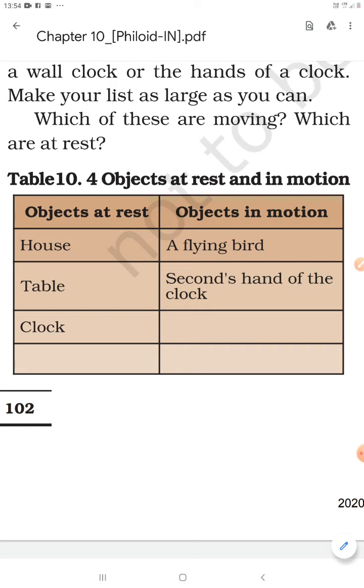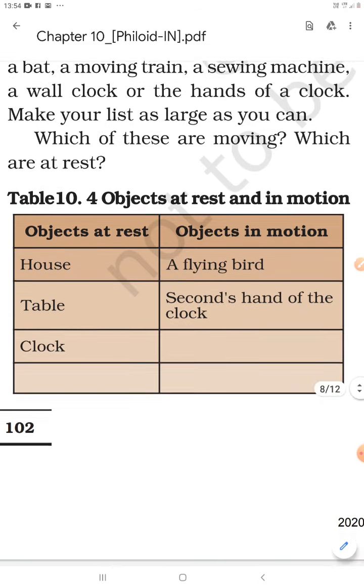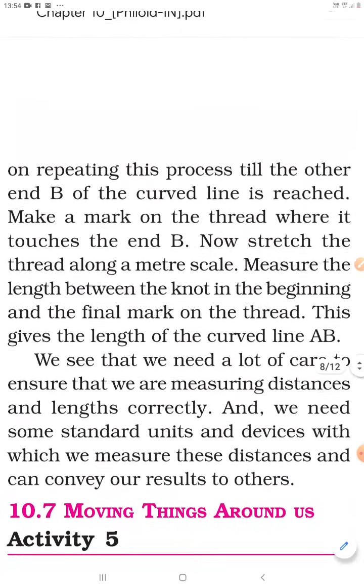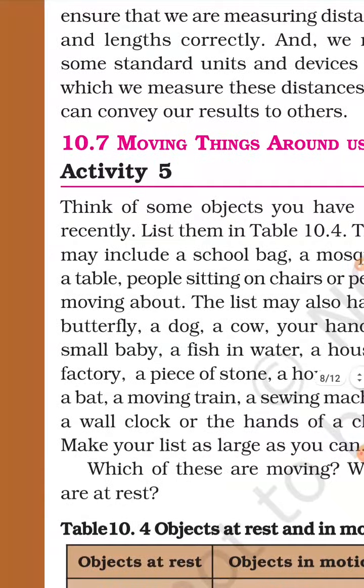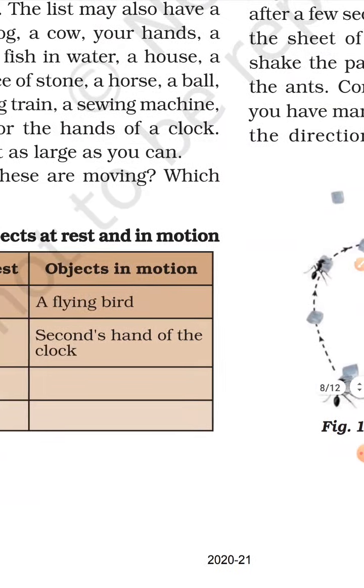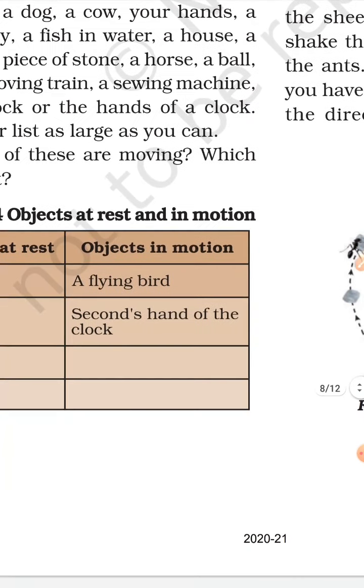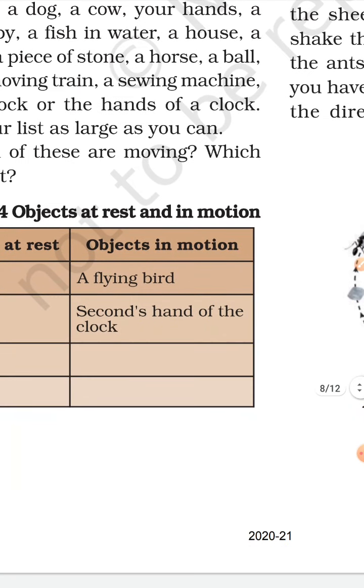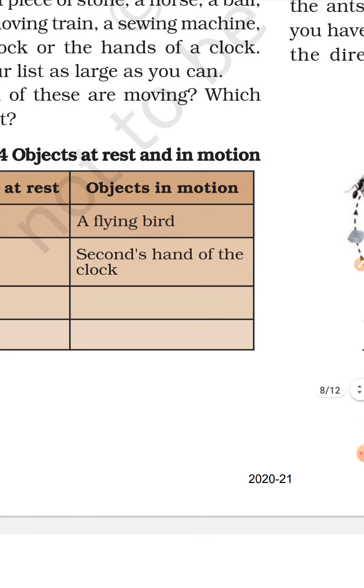So today we will discuss the moving things around us. If we observe our surroundings, there are a school bag, mosquito, table, people sitting on chairs, or people moving about. The list may also have a butterfly, a dog, a cow, our hands, a small baby, fish in water.